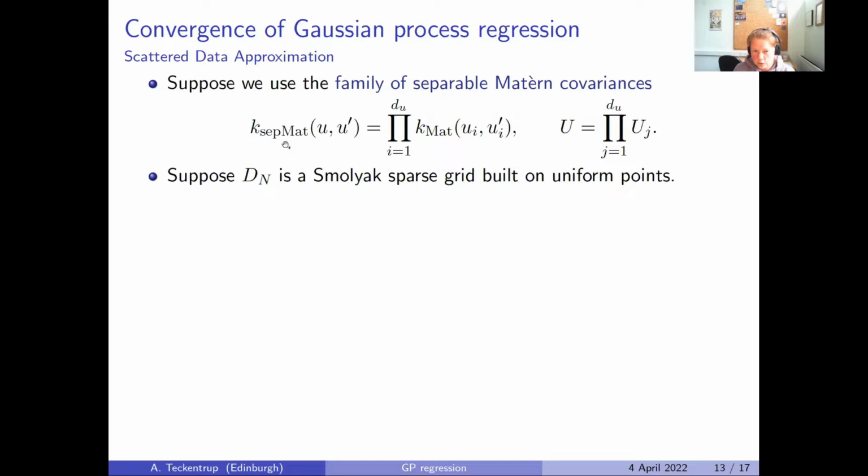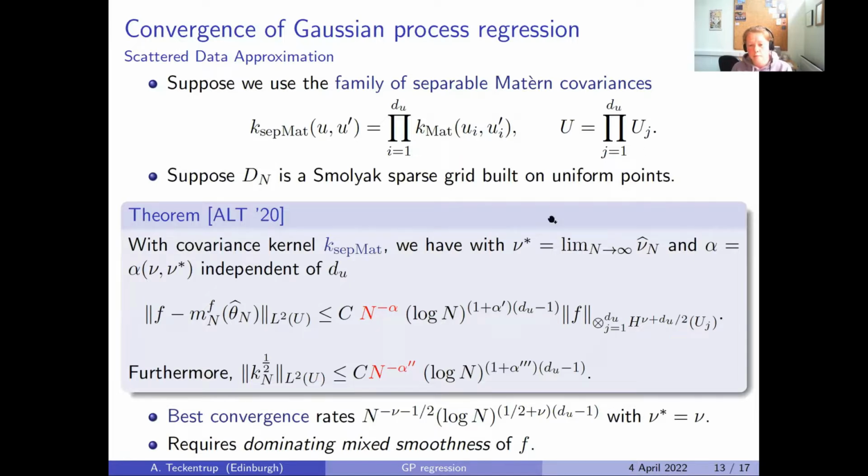So in this case, if you choose your covariance kernel as the separable Matern kernel, so you are assuming that your kernel is just a product of the Matern kernel in one dimension. So in every dimension, you choose the Matern kernel with some parameters, and then you just choose the product of that as your covariance kernel in d dimensions. Then likewise assume that your domain of f is a tensor product domain, so you can write it in this form. Then you can get this result.